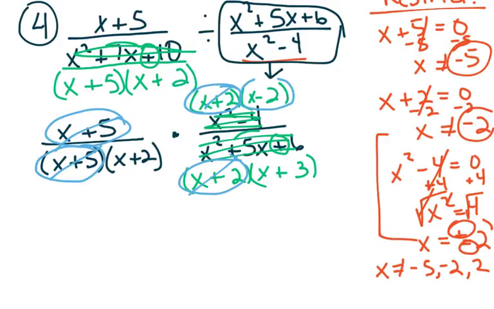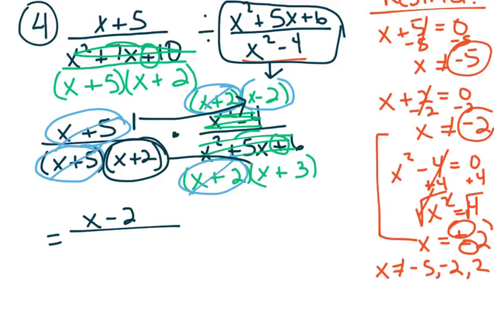So at this point, I've got an understood 1 here, and I am multiplying it by x minus 2. I have an x plus 2 and an x plus 3 there, so x plus 2 times x plus 3.